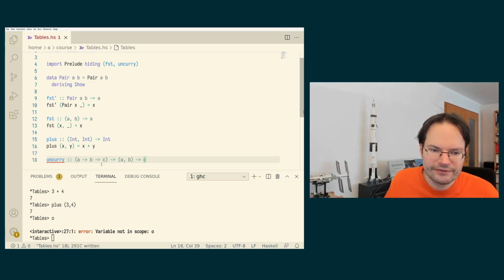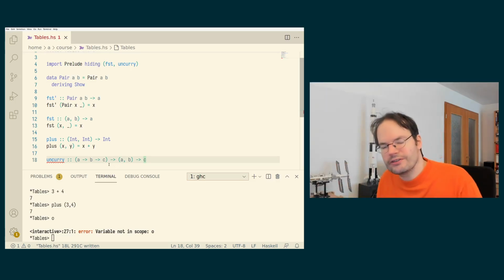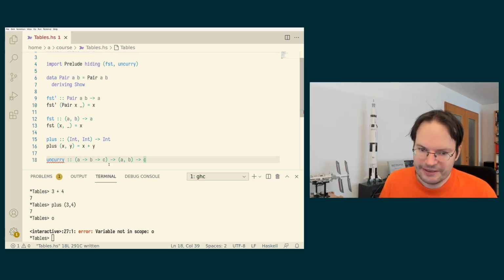Whether I see this as a function of two arguments, one expecting a binary curried function and then a pair and then turning that into a result of type C, or whether I see it as a unary function that expects this curried binary function and then returns a function that expects a pair and turns it into a C, that is equivalent.